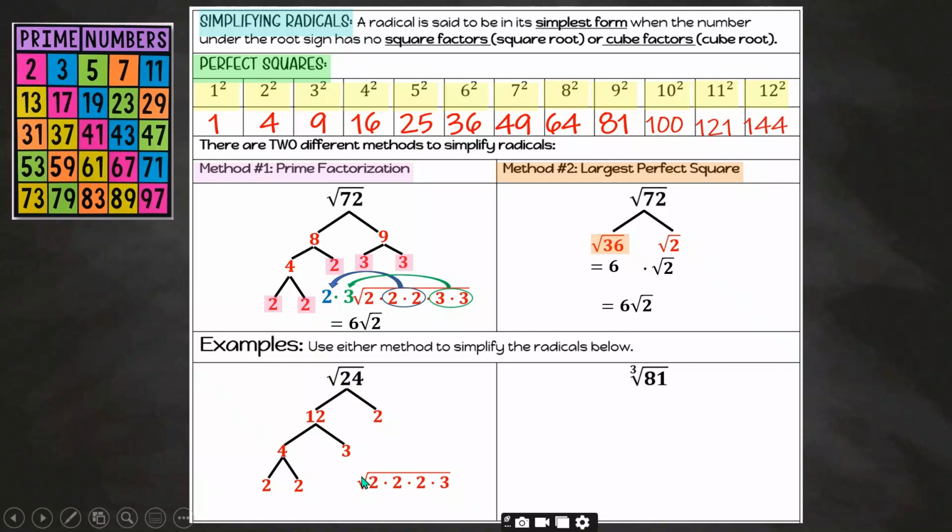Because my implied index here is 2, I'm looking for two numbers underneath the radical. So I can take them out and it becomes 1. I have 1, 2 left and 1, 3 left. There is nothing I can do with a single number underneath the radical. So I'm just going to multiply those back together and I get 2 square roots of 6.